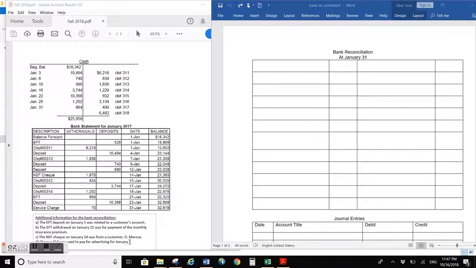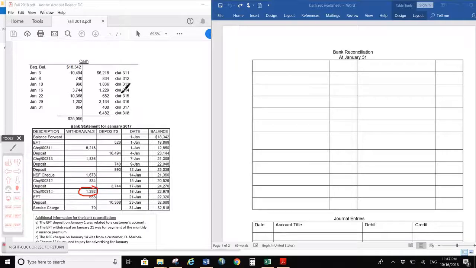Also, what I'd really like to point out is check number 314. Check number 314 was used to pay for advertising for January. That twigs me that something is going on with check 314. If we look at check 314 in our bank statement, it's for $12.92.